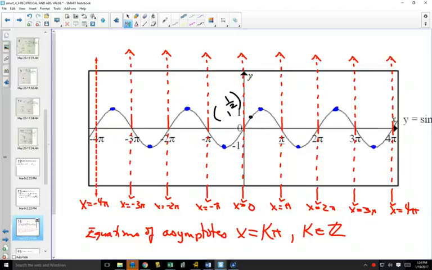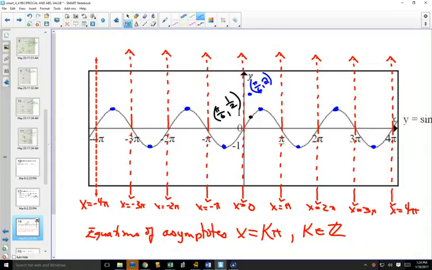Pi over 6. Because what is sine of pi over 6 from your pi plate? 1/2. So we have pi over 6 comma 1/2. And what's going to happen to that point when you do 1 over the y value? You're going to get pi over 6 comma 2.